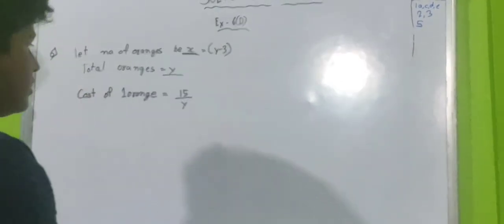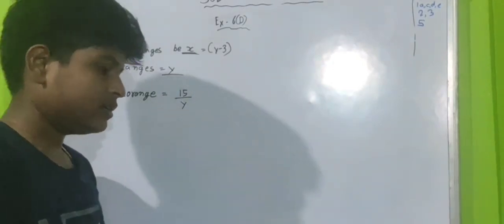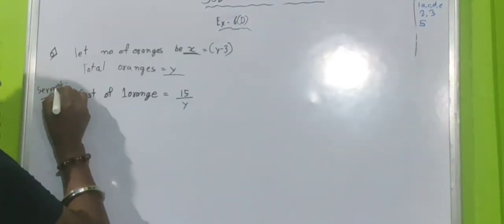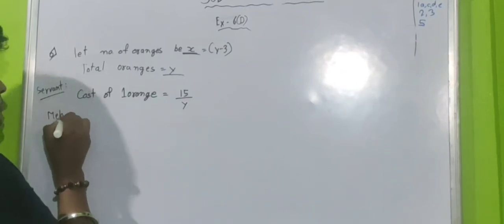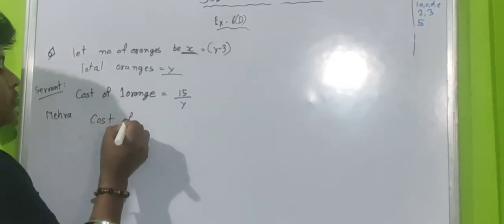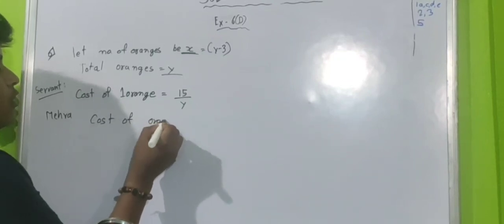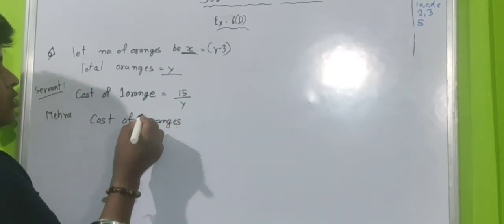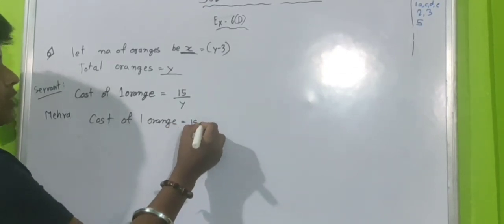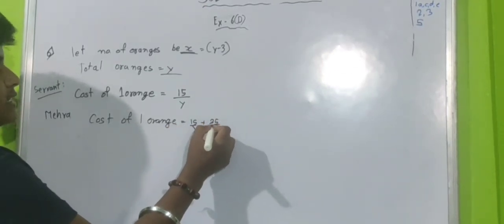It is paid by the servant. The cost of oranges, one orange is 15 by y plus 25 paise each.